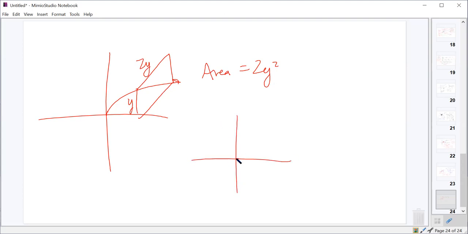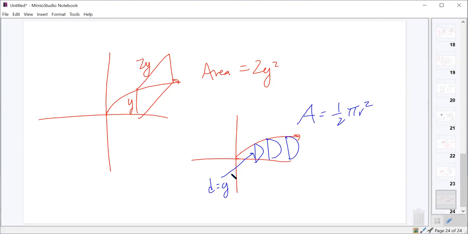They might say, all right, let's suppose we had cross sections that were semicircles. That does not look like a semicircle. That looks better. So if the cross sections are semicircles, this is where people sometimes screw up. Because they say, all right, the area of the semicircle is 1/2 pi r squared, right? That's pretty straightforward. But the diameter of that semicircle is y.